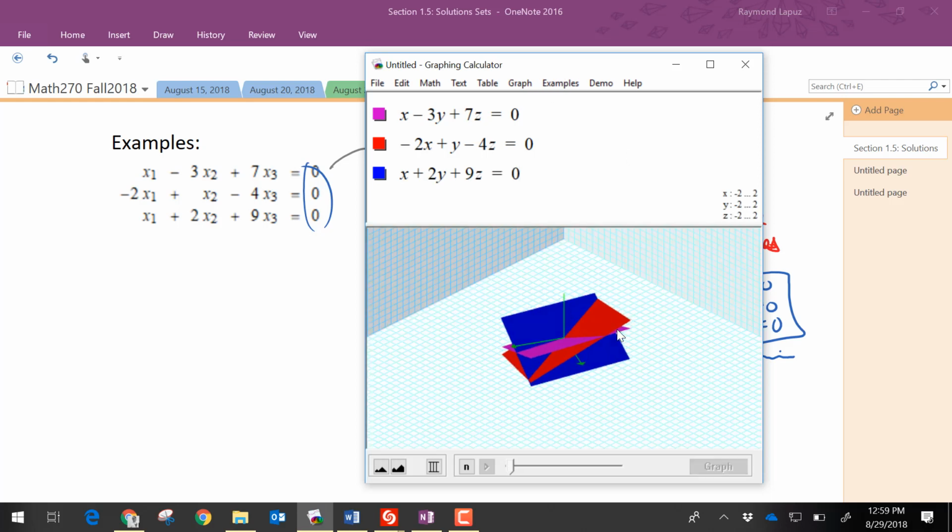So these are three planes, and by trying to find a solution for the system, we're trying to see if these three planes intersect somewhere. And we can see that they intersect at exactly one point, and that one point happens to be the origin. Can you see?